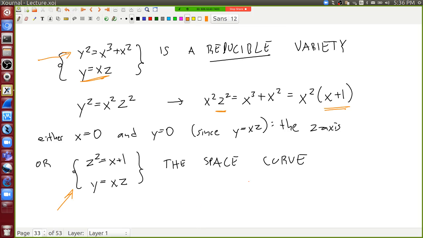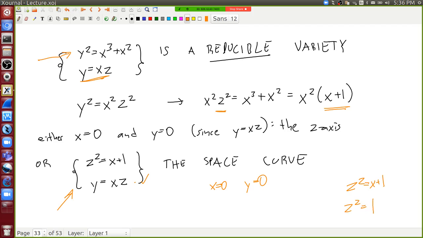And then at the origin, when x equals 0 and y equals 0, what happens here? X equals 0, y equals 0, so it solves the second equation. In the first equation, x is 0, so z squared equals x plus 1, which is just z squared equals 1. Yeah, z equals 1 or z equals -1, those are the two solutions.